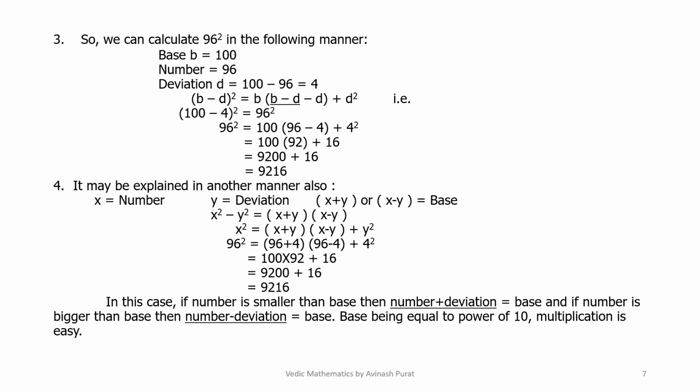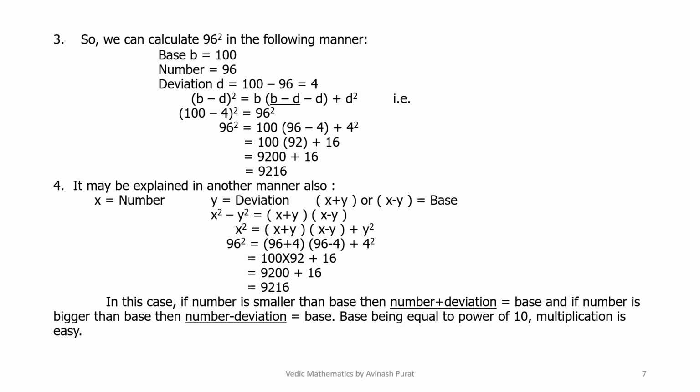Base B is 100, number is 96, deviation D is 100 minus 96, that is 4. So (B − D)² equals B multiplied by (B − D) plus D², that is 100 − 4 squared equal to 96 squared.